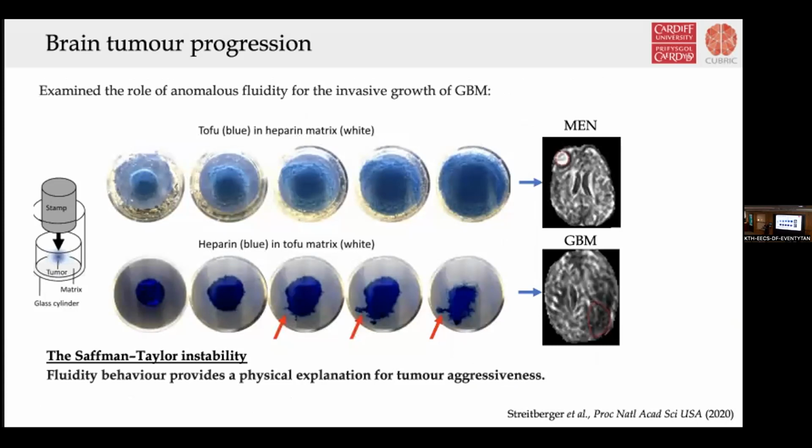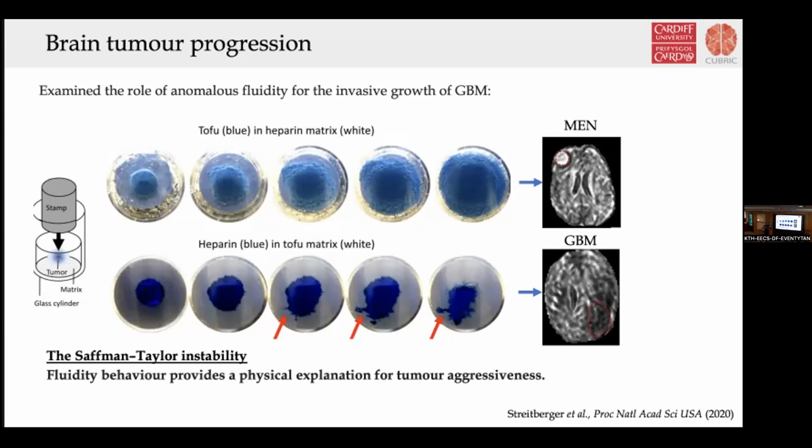So in the bottom row, you can see how the low viscous heparin is pushed into the surrounding highly viscous tofu, which mimics the behaviour of a glioblastoma, which I just showed is less viscous than the surrounding tissue. So this kind of environment favours infiltrative growth, which is predicted by the framework of the Saffman-Taylor instability in fluid mechanics.